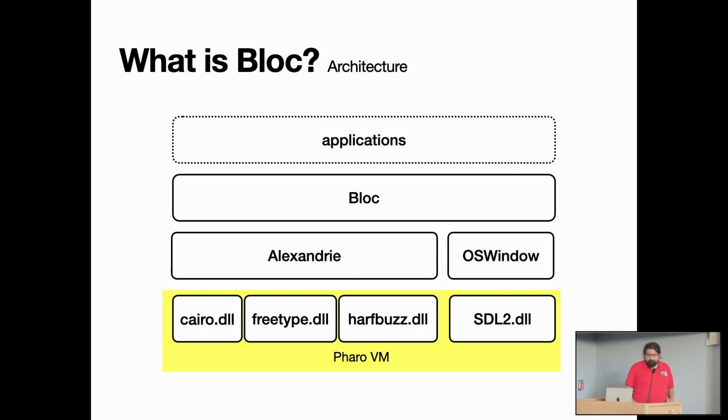Now, an important thing about Bloc is that we have an architecture where last year we introduced a new rendering engine that is basically taking full advantage of Cairo. It has been optimized a lot to use all the specifics of Cairo.